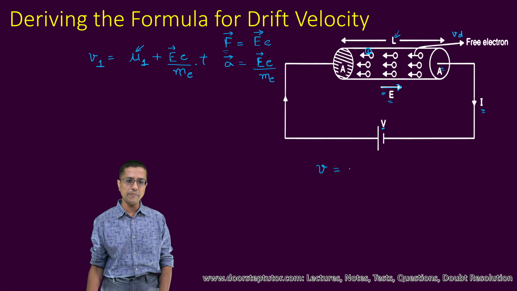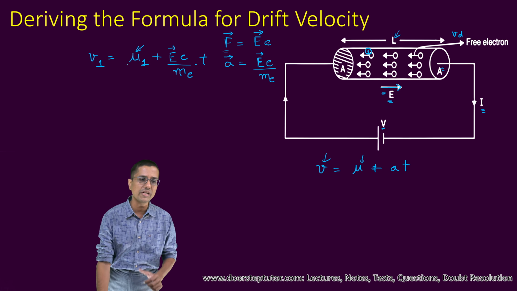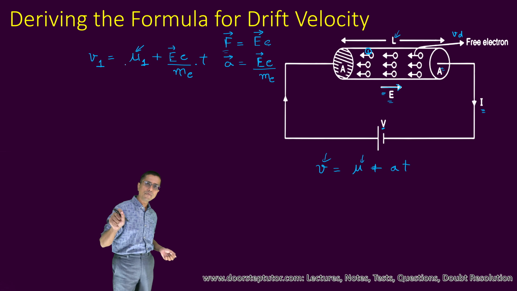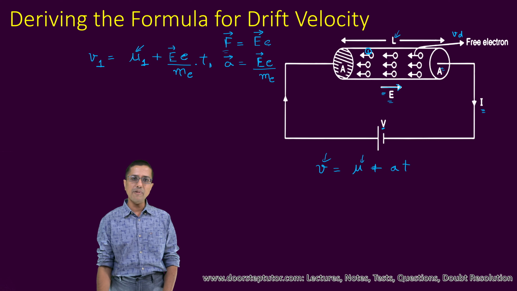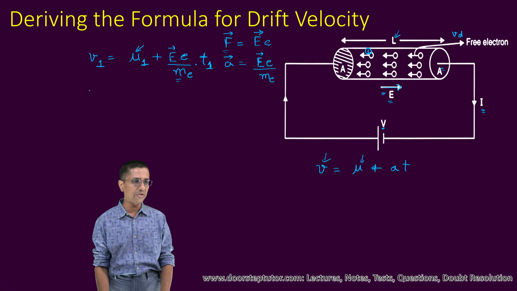You already know this formula, right? v = u + at, where u is the initial velocity, v is the final velocity. So the final velocity will be equal to u1, which is the velocity at the time of the last collision, plus eE divided by me, this is the force divided by mass, which is the acceleration, multiplied by t1, which is the time since the last collision.